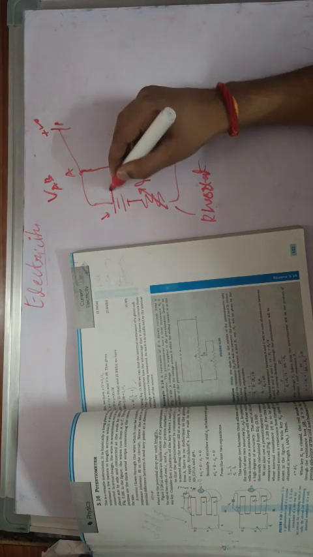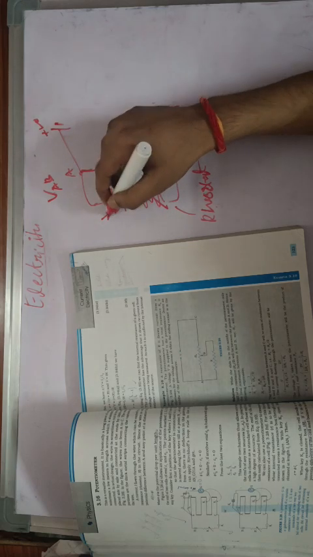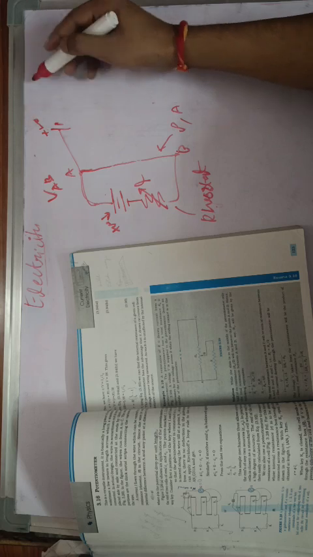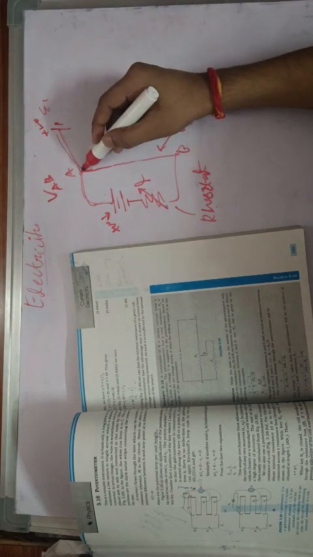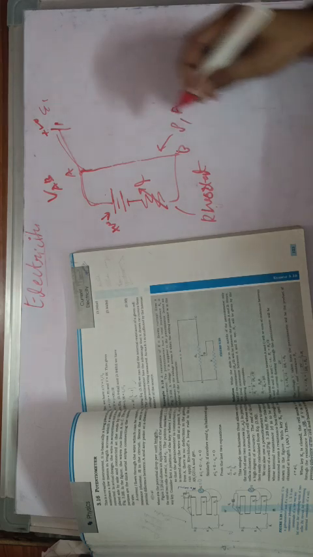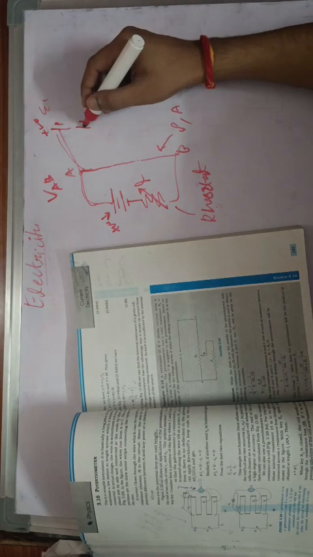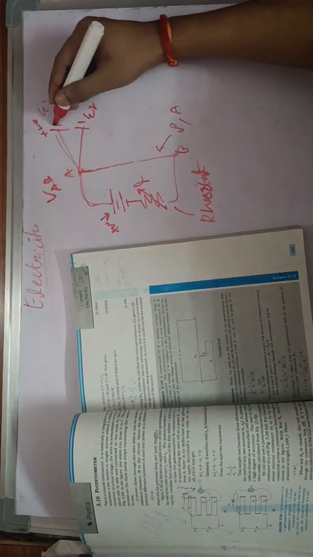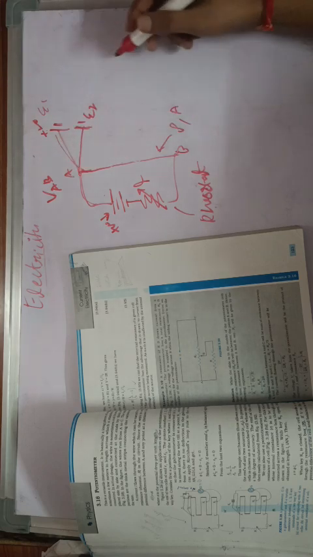Let's say the cell in this device has its positive end here, so we will connect the positive end of another cell of EMF E1 to the same side, and there would be another cell of EMF E2. It would be connected again to the same side, its positive side would be connected to the same side.